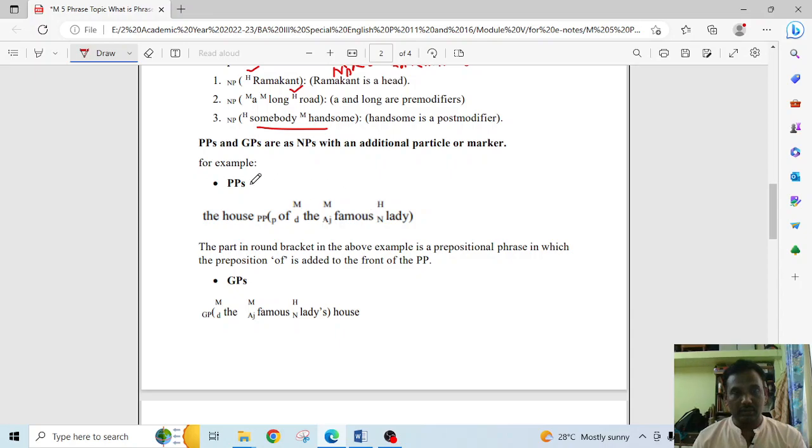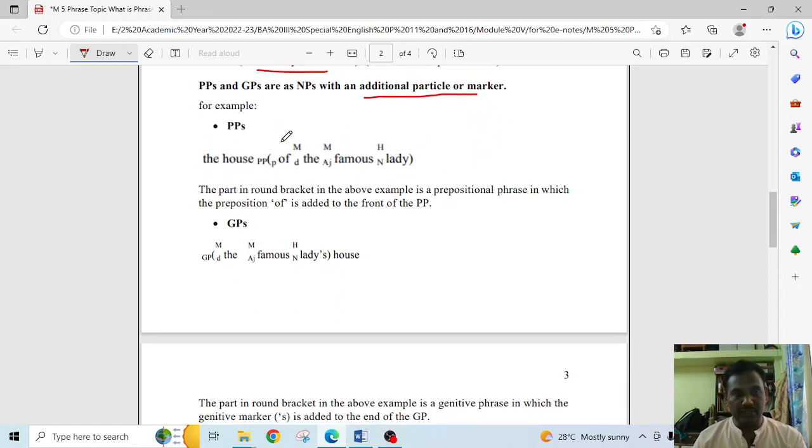Now prepositional phrase, shortly called PP, and genitive phrase, they have just an additional particle or marker. In the prepositional phrase, you have the additional marker preposition. Look at this example, the house of the famous lady.